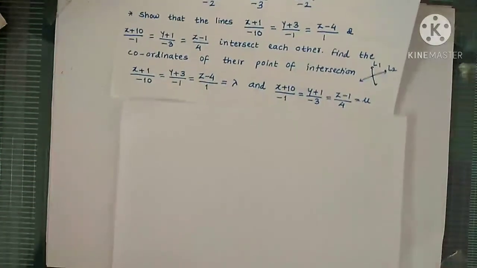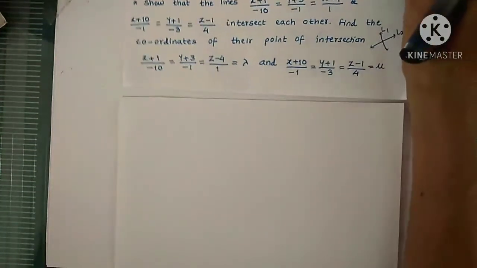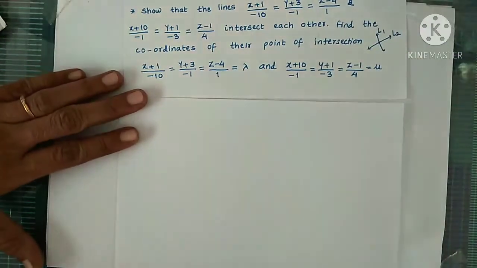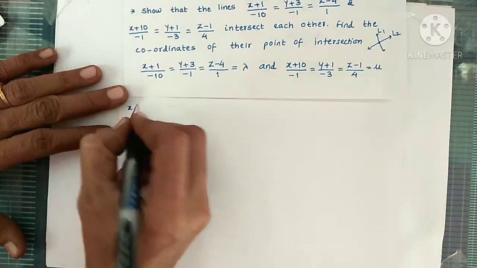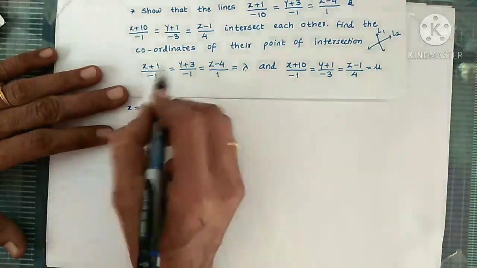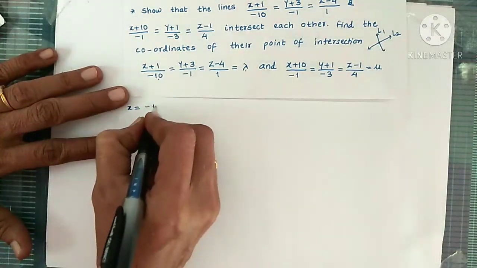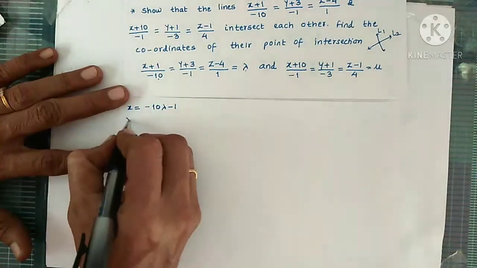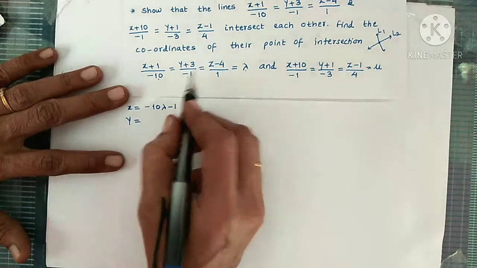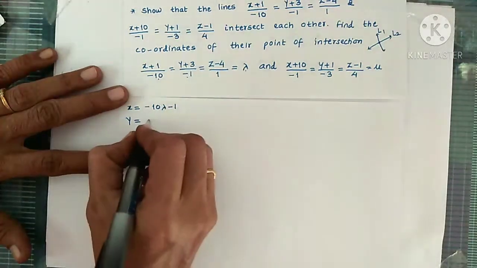So let's write x, y, z in the first equation and in the second equation. We have x is equal to minus 10 lambda minus 1, so that is for the first line. y equal to minus lambda minus 3.